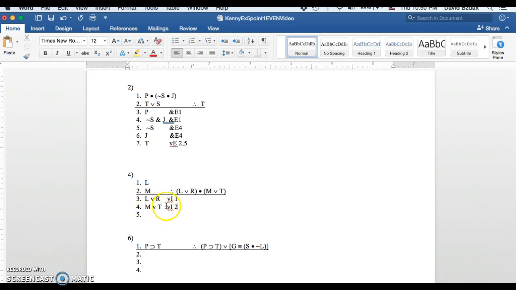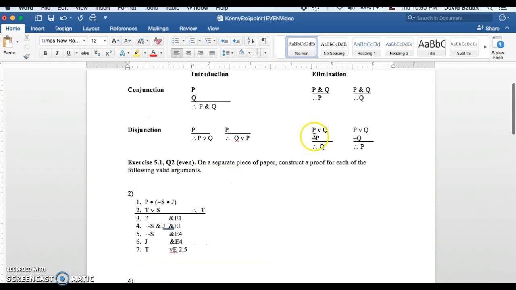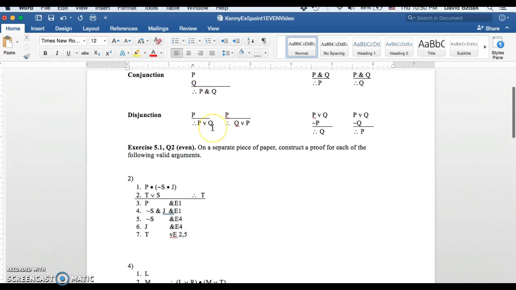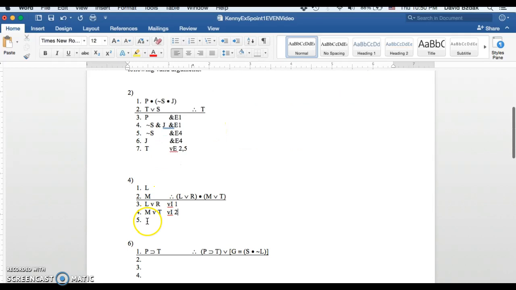We had M, disjunction introduction says we can put that into disjunction with anything, and now we want to put these 2 things together into a conjunction. So that's the conjunction introduction rule. If we have a sentence P and Q, we can put them into a conjunction together. So this L or R and M or T, that's conjunction introduction of 3, 4.